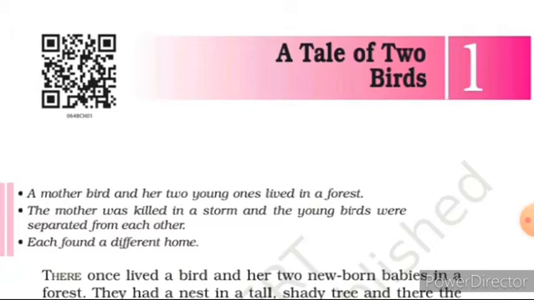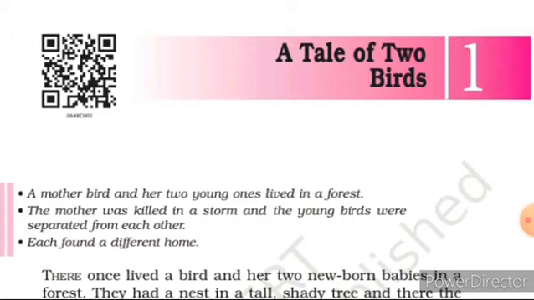Each found a different home. Listen carefully, children. Here there's a mother bird with her two newborn birds. The mother bird died in a storm and the sons got separated from each other in the thunderstorm.